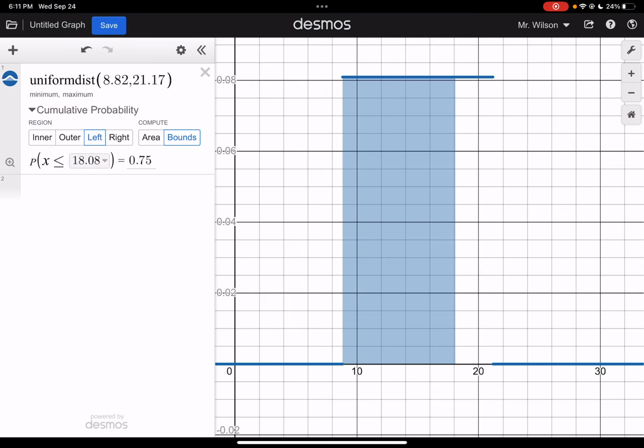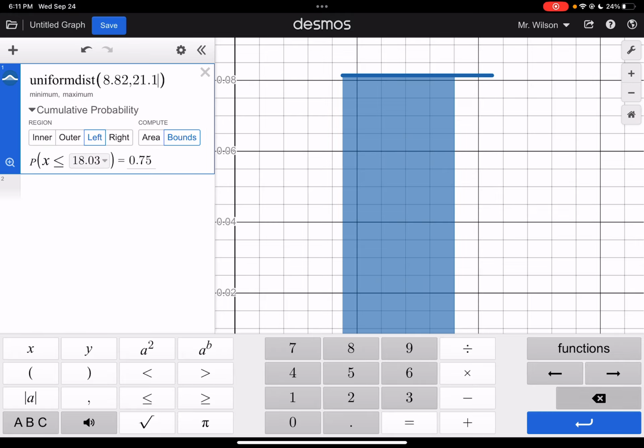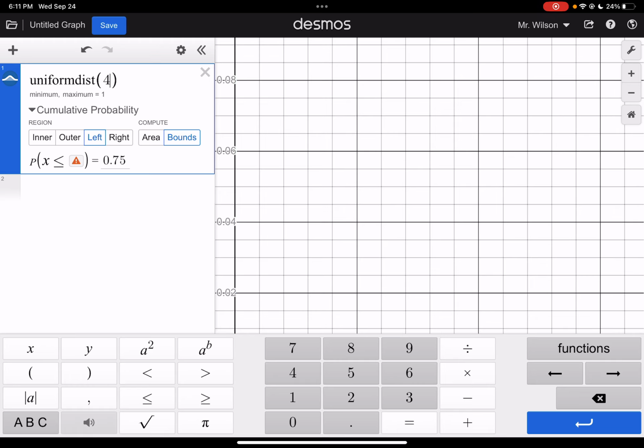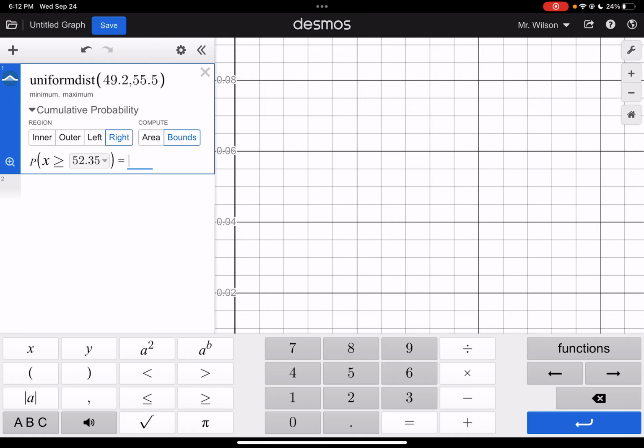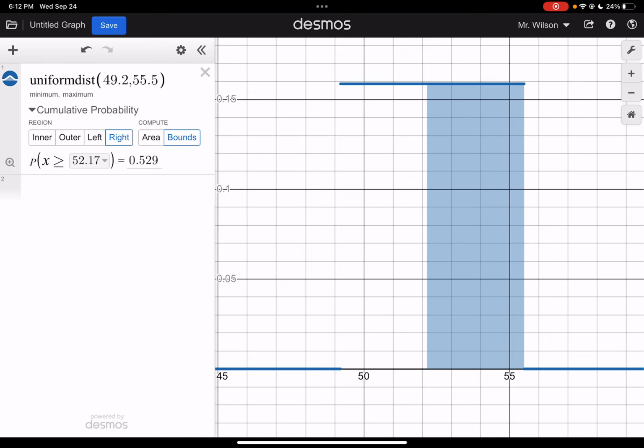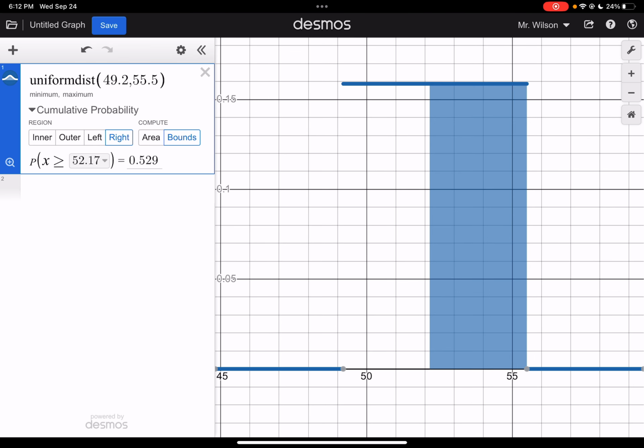All right, so let's take a look. We're going to go back, start fresh here, 49.2 up to 55.5. And we want the bound when we're looking at a right area. Okay, that's the greater than. And right of 0.529. So find that. Here it is. Okay, so 0.529 is the area inside that shaded region. And the C value is going to be that 52.17 rounded.